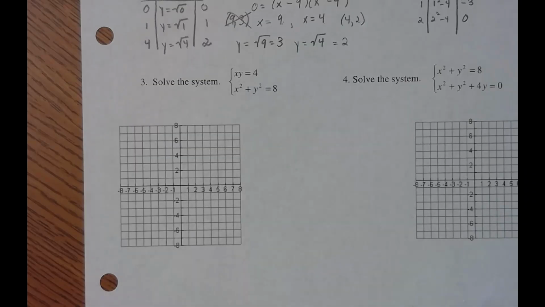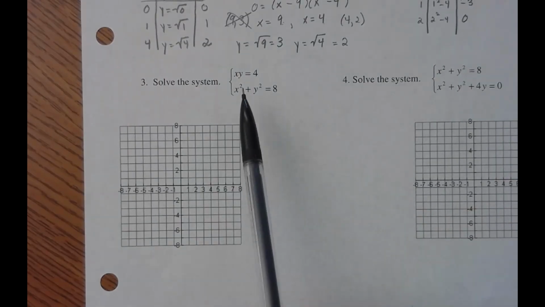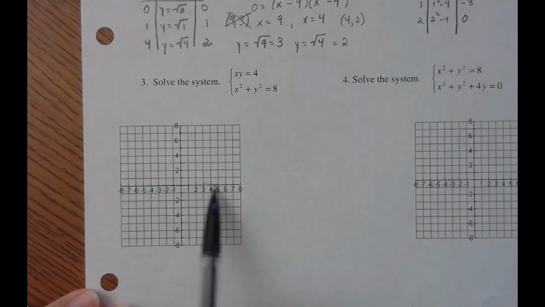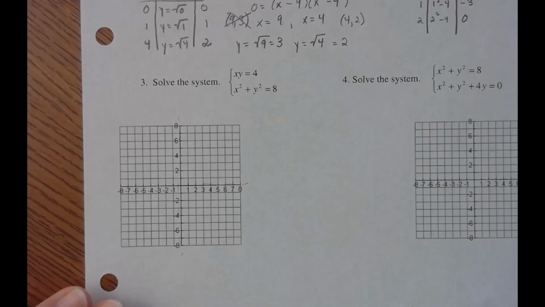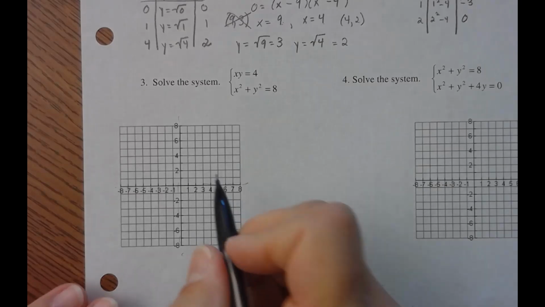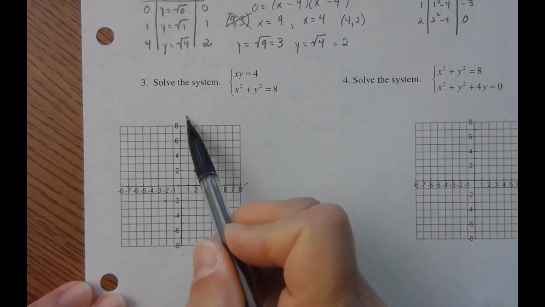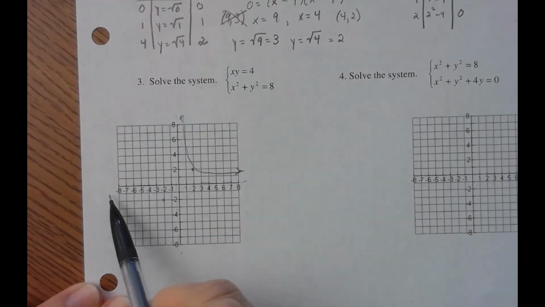These two equations form graphs that perhaps you haven't seen yet. xy equals 4 is a rational equation, and so it has horizontal and vertical asymptotes at 0, and it goes through the points 2, 2, and -2, -2, and there's a curve up here that approaches the asymptotes, and a curve down here that approaches the asymptotes.